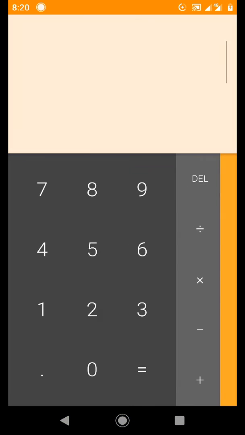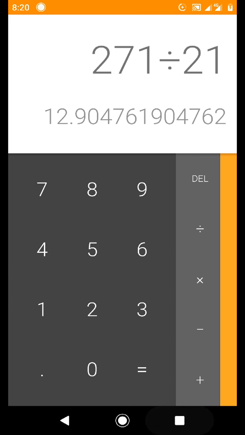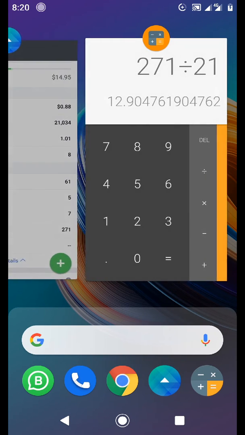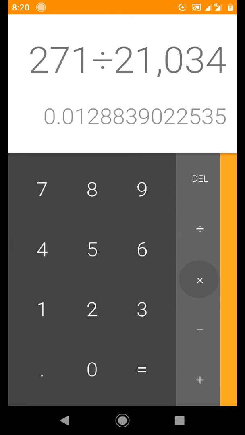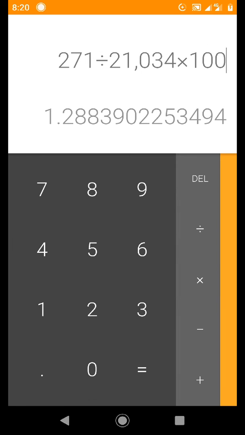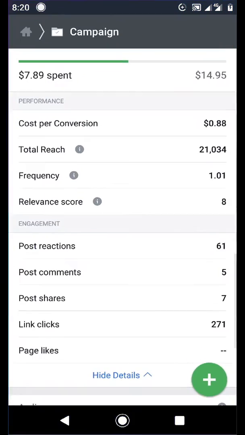So 271 divided by 21,034, then we'll multiply it by 100%. We can see it has reduced for today. This is 1.28. It's still within the 1% click-through rate, which is a good rate.